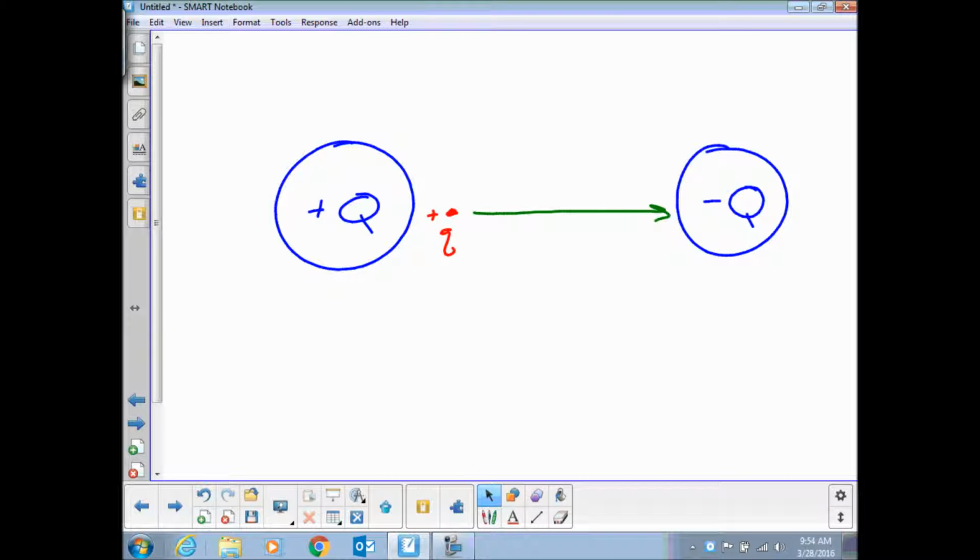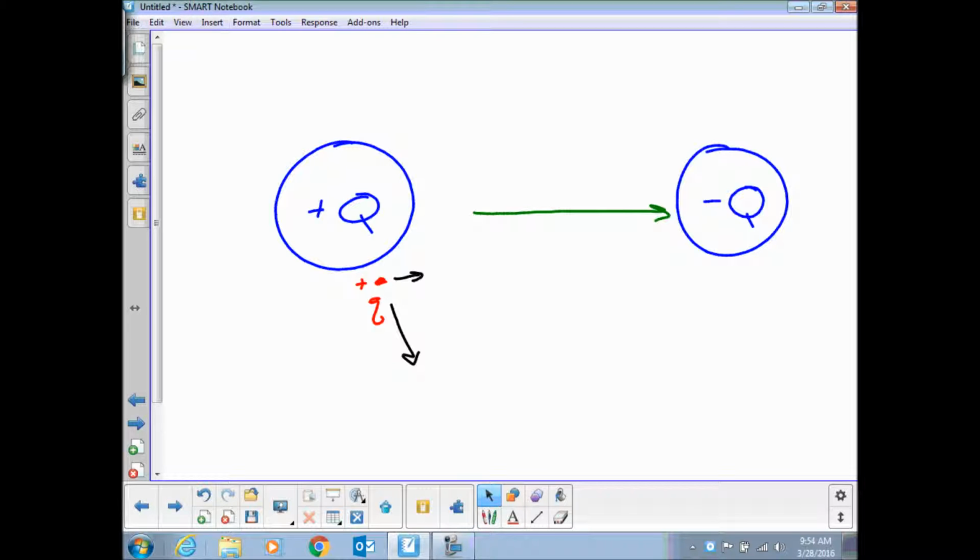Let's say the positive test charge is down here. It's going to feel a big repulsion from the positive, directly out from the positive. However, it's also going to feel a little bit of an attractive force towards the negative. It's kind of far away from the negative, so that attracting force is going to be a lot less than the repelling force.